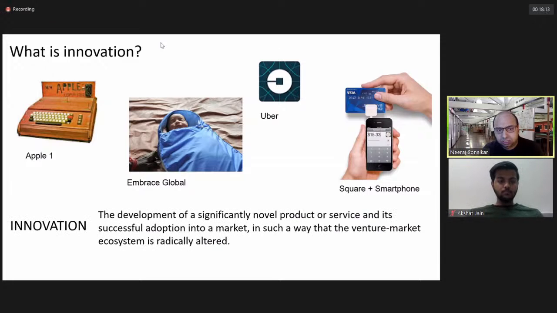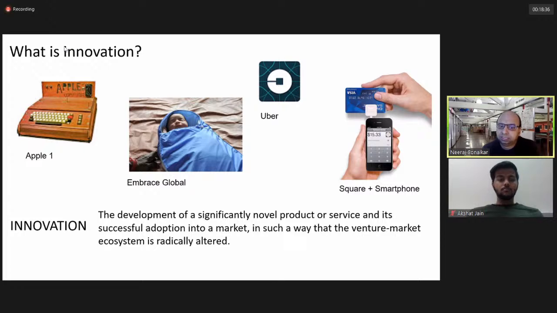So innovation is actually, in my view, a development of a significantly novel product or service and its successful adoption into the market in such a way that the venture market ecosystem is radically altered. So you would see that, in my view, innovation needs to be something which is radical. It is not incremental. It is not jugaad.